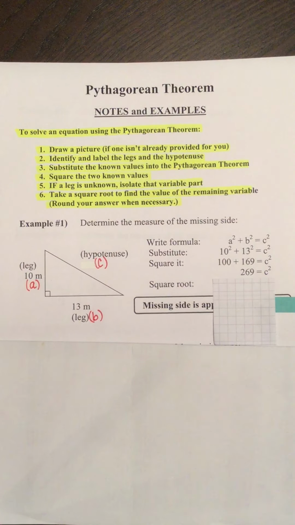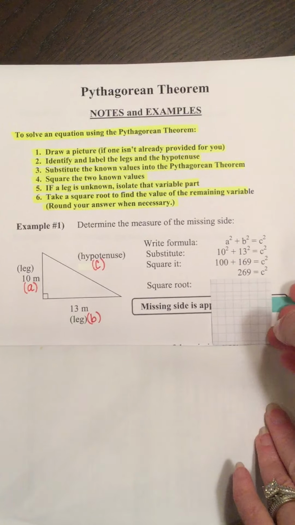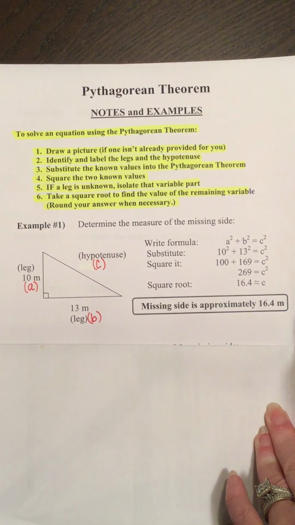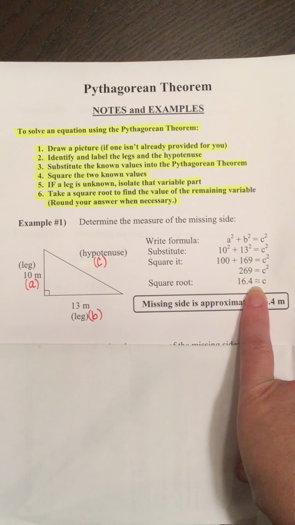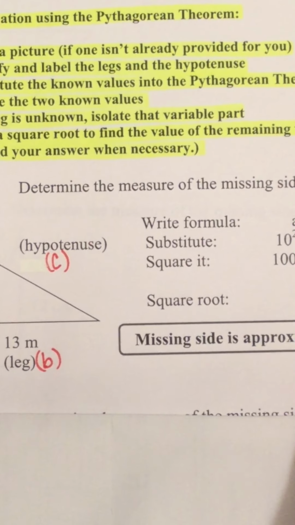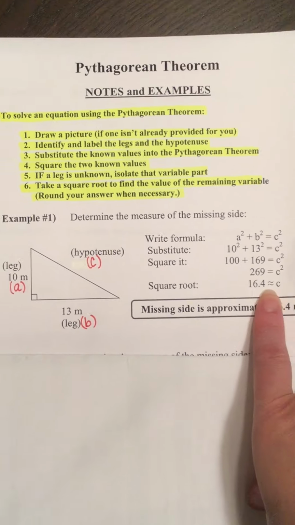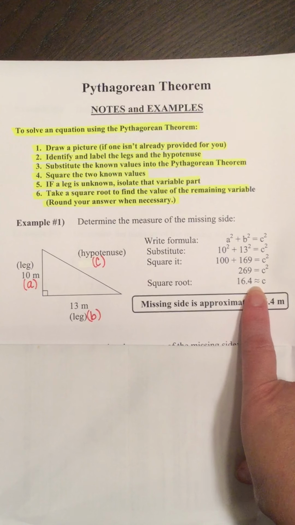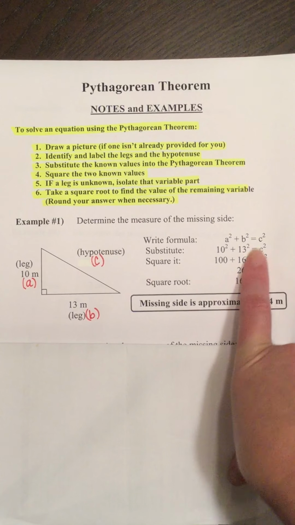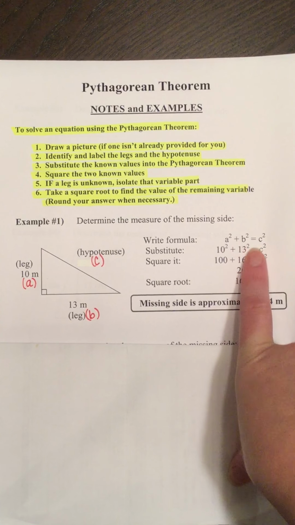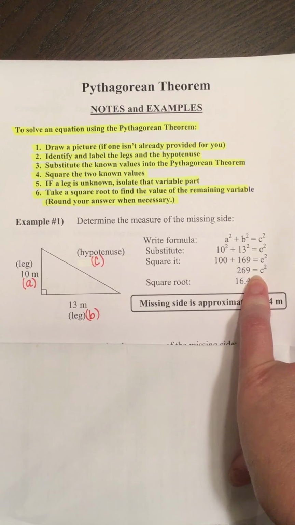All right. So we say that the square root is 16.4, and then look at something. Notice that this is two wavy lines. They're not the same as all these, because these all mean equal, which means that it equals that.